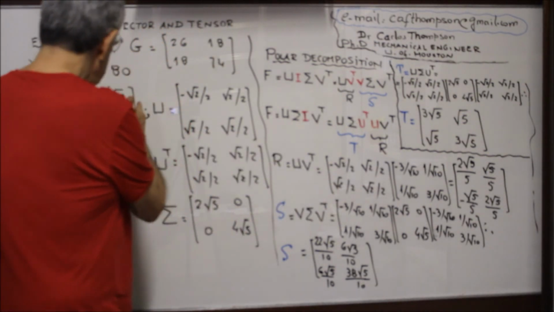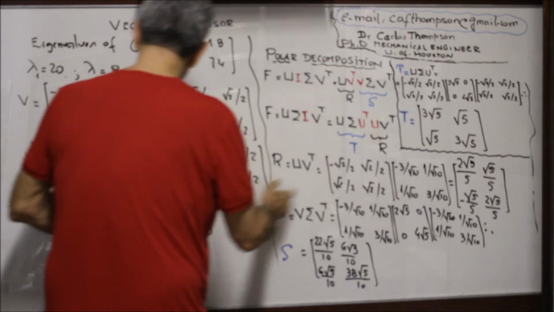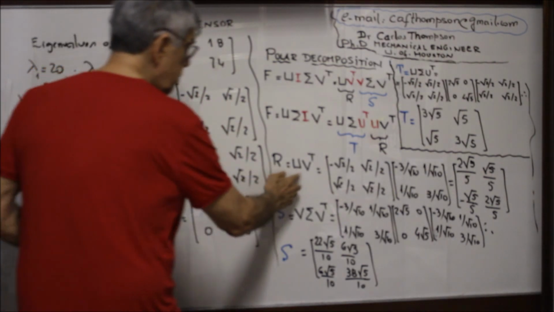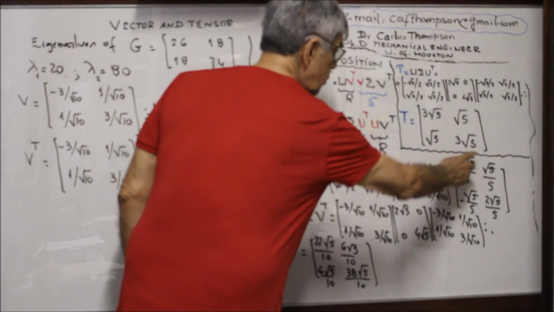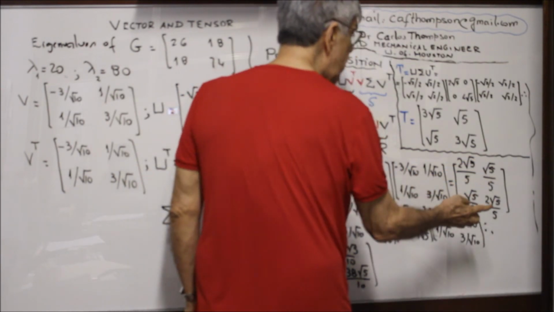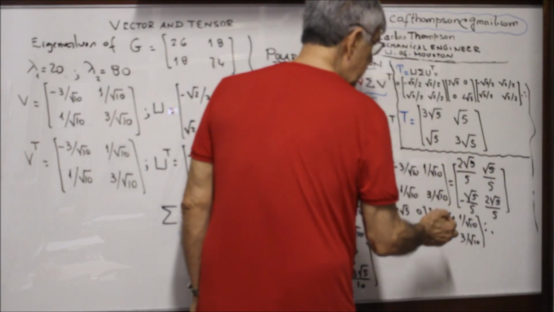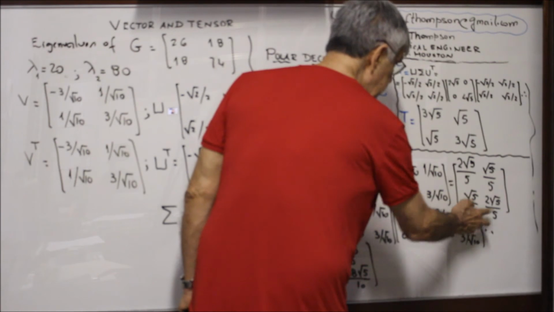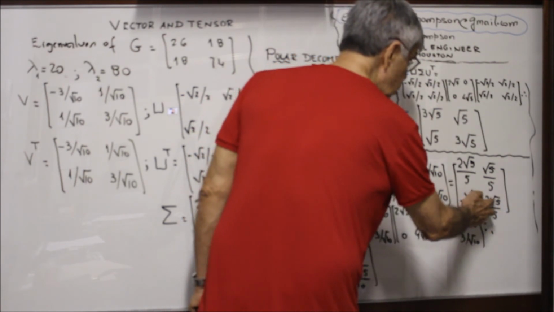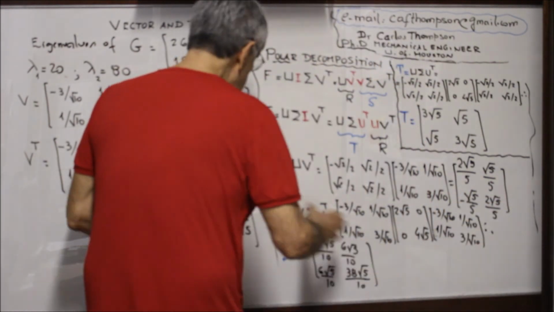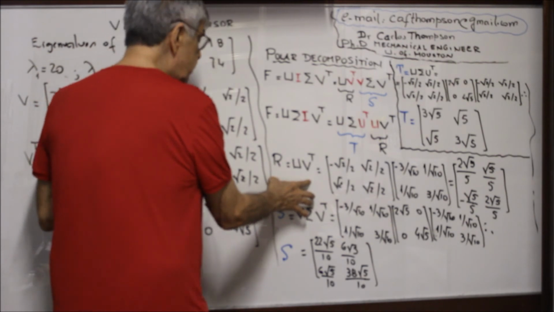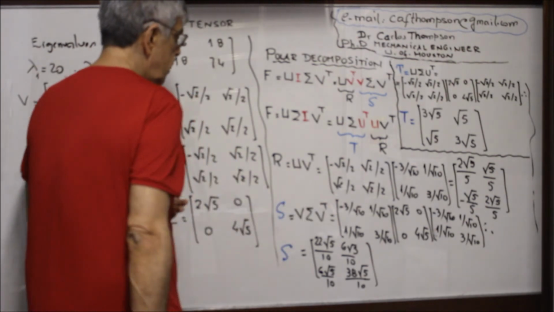So U from here and V transpose from here. You multiply, and you get 2 square root of 5 divided by 5, square root of 5 divided by 5, minus the square root of 5 divided by 5, plus 2 square root of 5 divided by 5. So this is a rotation matrix, the rotation tensor.